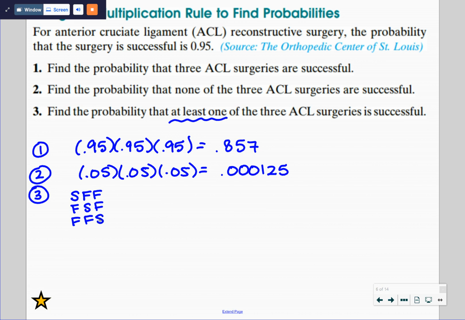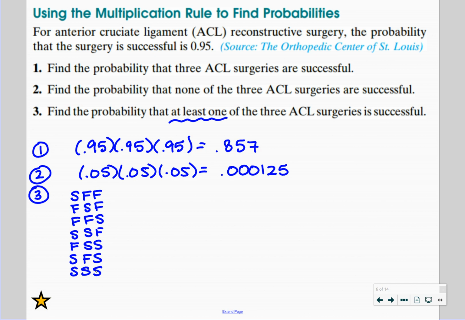Okay, so that's a way for one of them to be successful. Or 2 of them could be successful. So the first and the second, or the second and the third, or the first and the third. Or all 3 of them could be successful, which that's one we already calculated. That was the 0.857. Okay, so this is all the different ways in 3 trials and 3 surgeries that at least one, so 1 or 2 or all of them are successful.